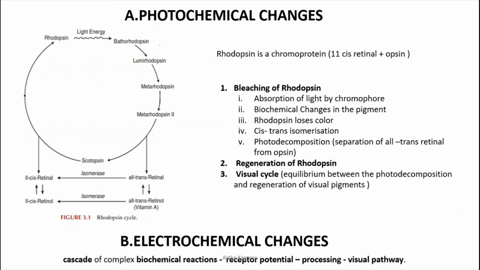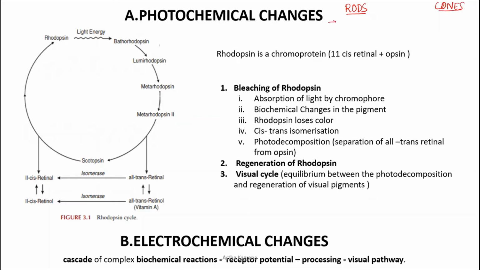These are your photochemical changes and the electrochemical changes. Now before I start with these changes, let me give you a basic overview about the photoreceptors. As I mentioned, your photoreceptors are your rods and the cones.